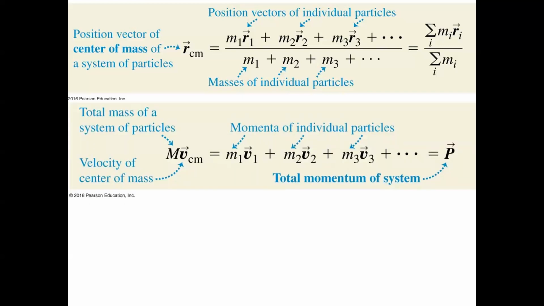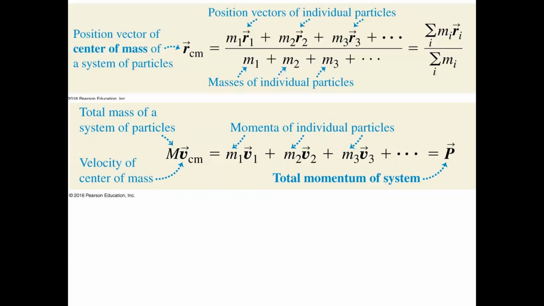We can express the momentum in terms of the center of mass. If you add all the masses of the system of particles together, you get the total mass. And if you multiply by the velocity of the center of mass, you get the total momentum of the system of particles.